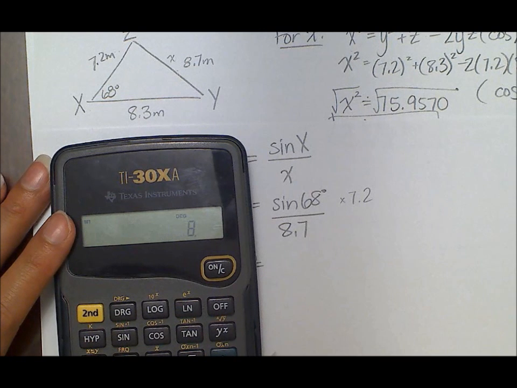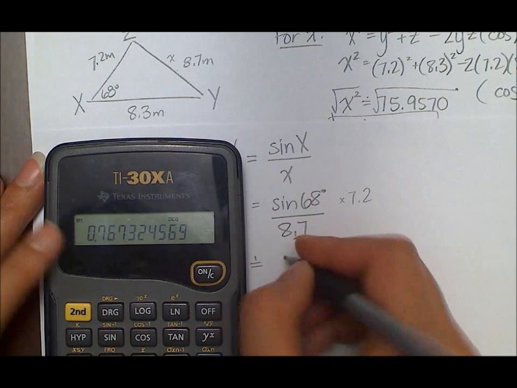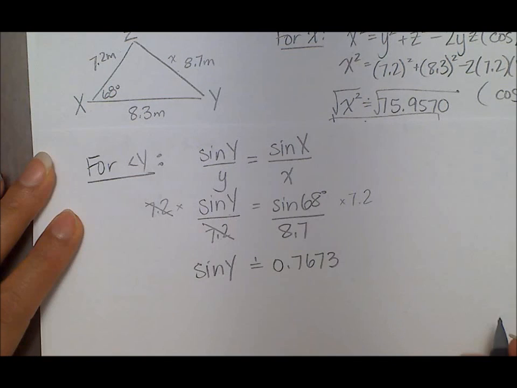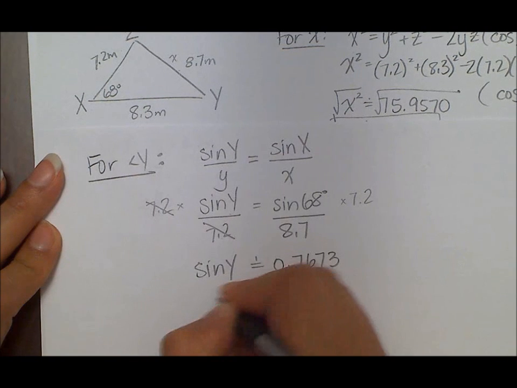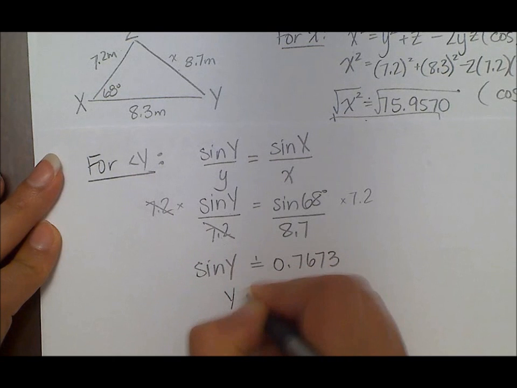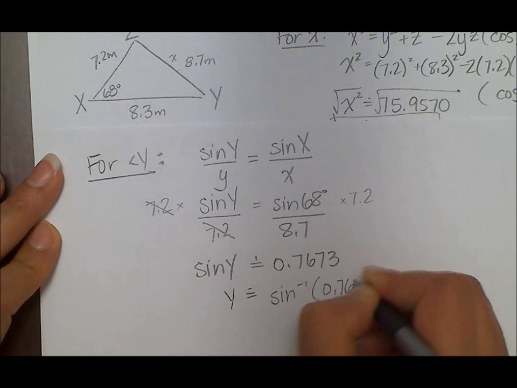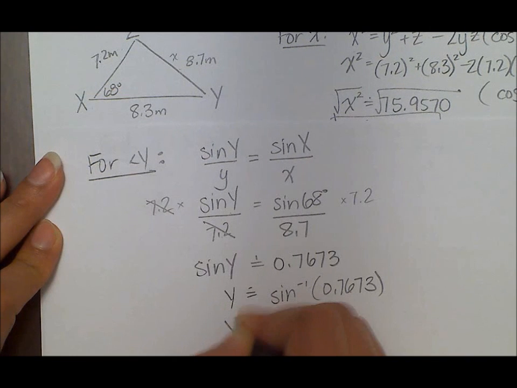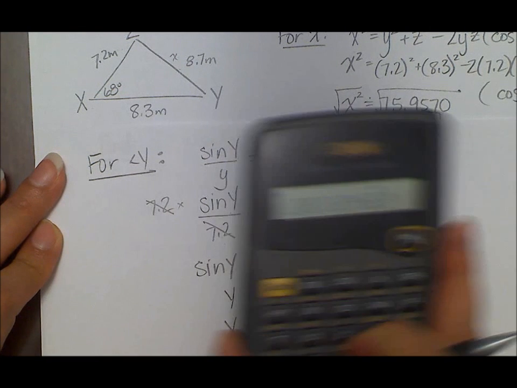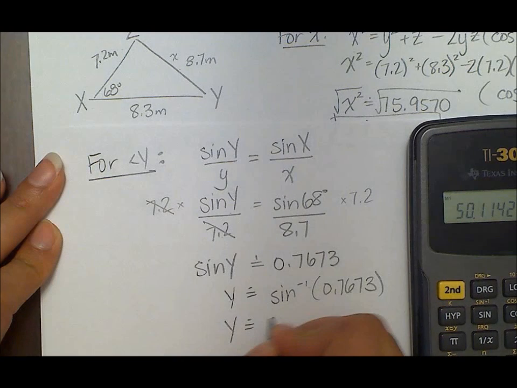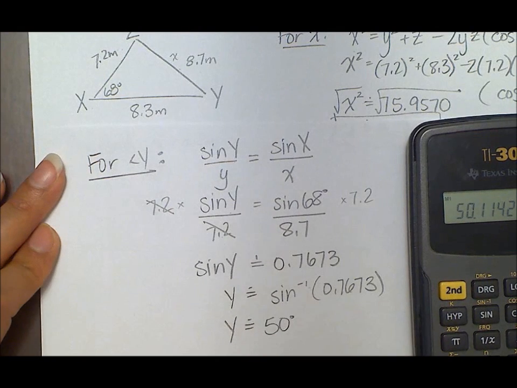And so I get about 0.7673. I can solve for the inverse sine here to get y, so I can find sine inverse. And so angle y is approximately equal to 50 degrees. Okay, so there's angle y, that's about 50 degrees.